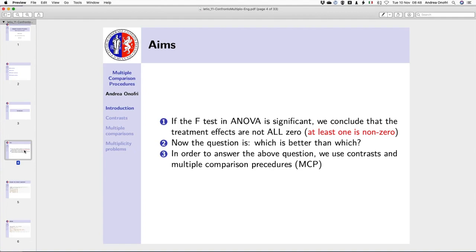So if this is false, the opposite is that at least one alpha value is non-zero. So we know there is at least one treatment effect which is not zero. And of course, this is not enough for us because we want to answer the question, which is better than which? And we do this in two different ways.